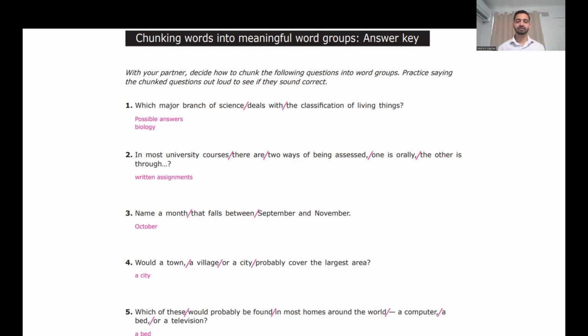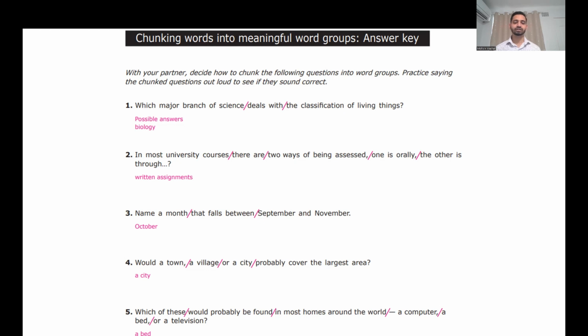So a city could be the biggest area. It could be correct as well as a village. I mean, it could be a village that covers the largest areas. It's not talking about the population, it's talking about largest area. So it could be a village as well. So it depends on the answer. And there is more than one possible answer, so you should know that always.